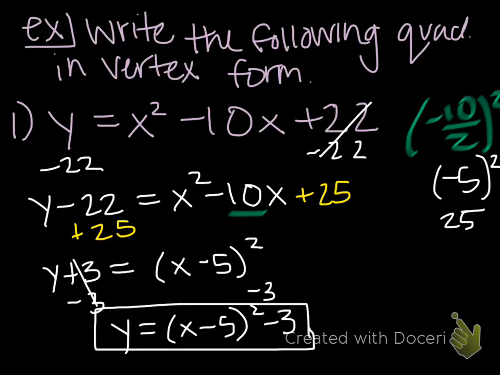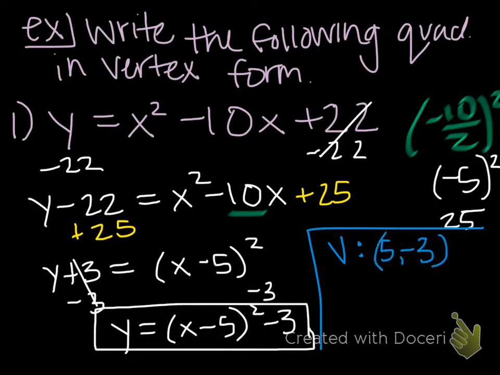Just relating some things back to what we did before. If I asked you what the vertex is, remember vertex form is always opposite of the inside number, same as the outside number. So my vertex would be 5, negative 3. My y-intercept would be your c value from the original equation, so the 22 is your y-intercept.